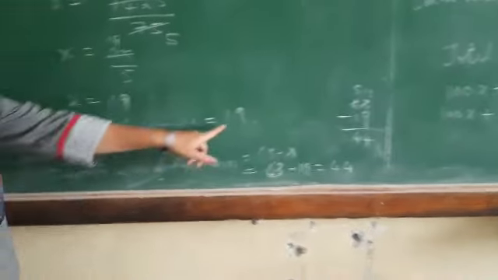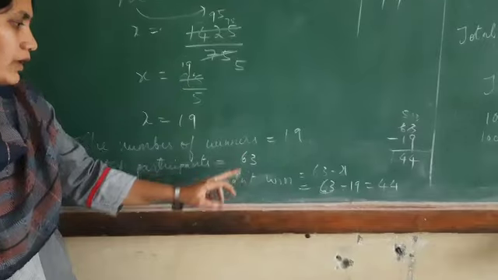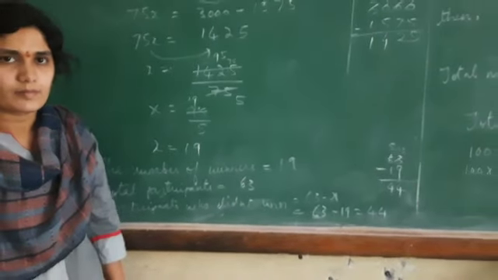So the winners are 19, non-winners are 44, and total participants are 63.